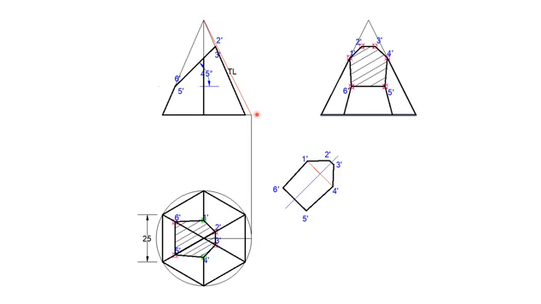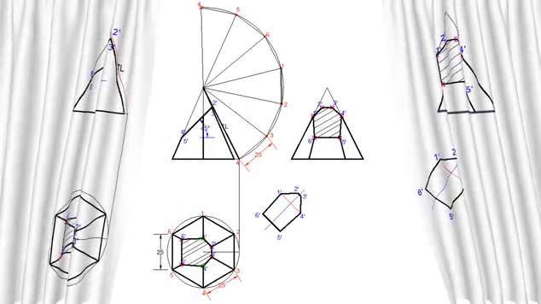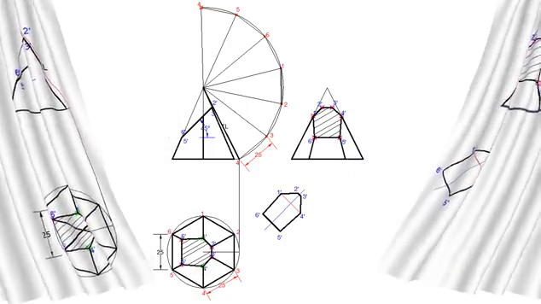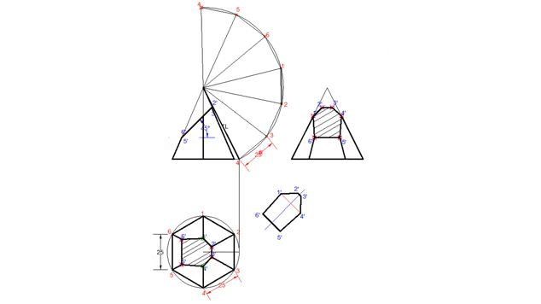Then you can draw your true line to the apex. Finish the true line with finish line or bold line so that it is visible. Then place your pair of compass at this point over here, stretch it to the length of the true line and draw an arc all the way like that.